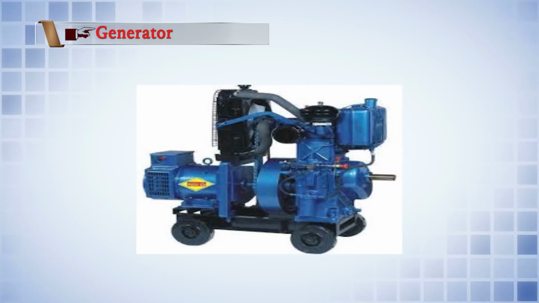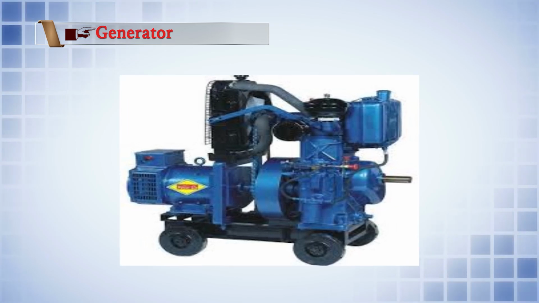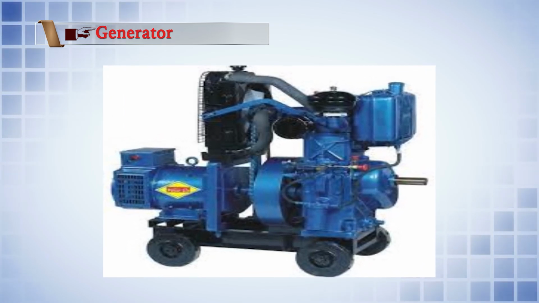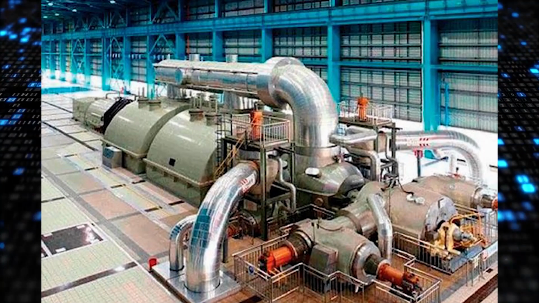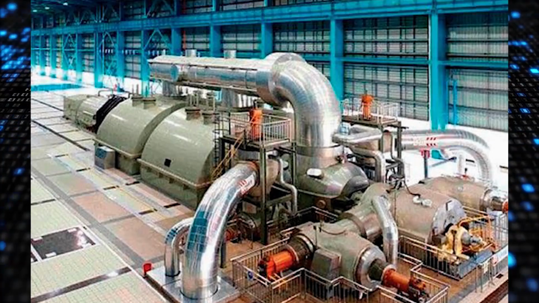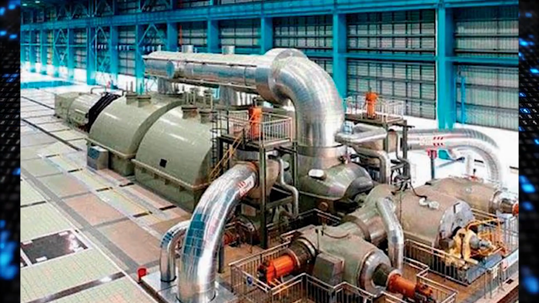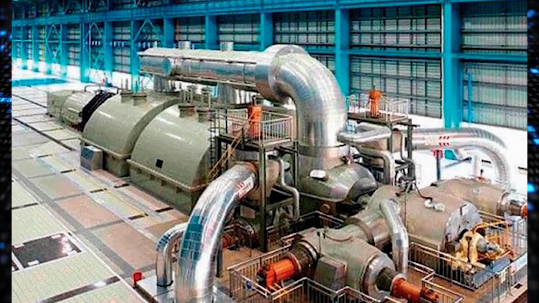Now we are going to discuss the next electrical equipment, that is the generator. As you know, a generator generates electrical energy. In electricity generation, a generator is a device that converts mechanical power into electrical power for use in an external circuit.